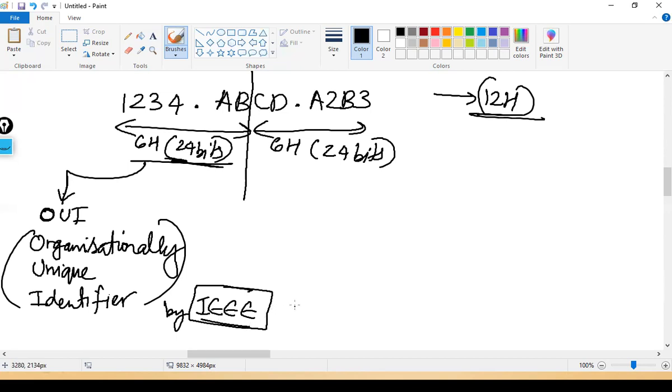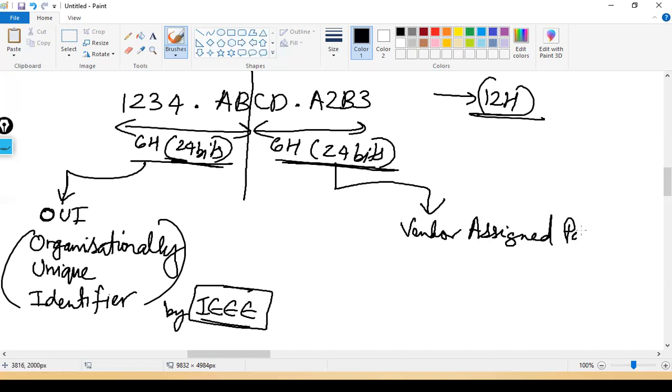Okay. So now, the second part is called vendor assigned part. Okay. So now let me tell you what these things are.